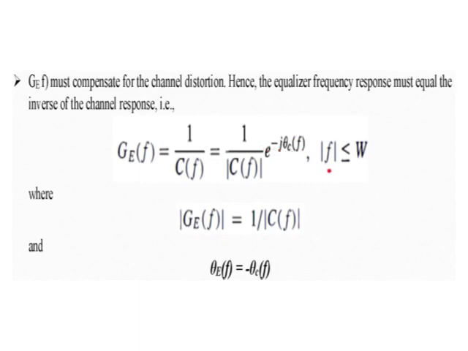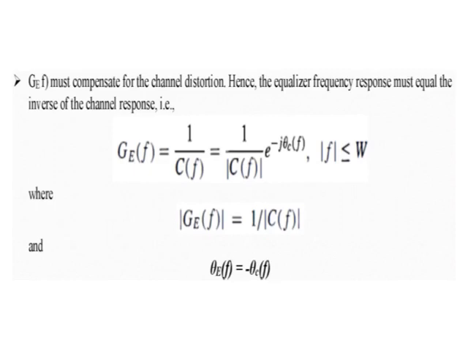Here the mod of f value should be less than or equal to W. It has to lie within the bandwidth W. Now, when we take the magnitude of this GE of f, mod of GE of f will be equal to 1 by mod of C of f, and theta E of f will be equal to the negative of theta C of f. Theta E of f, the phase of the equalizer, will be equal to the minus phase of the channel, theta C of f.